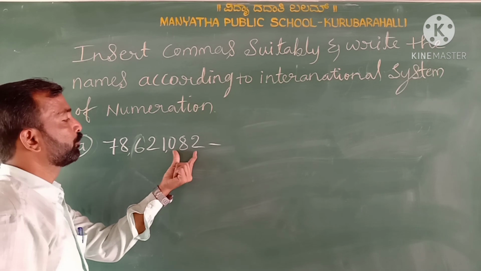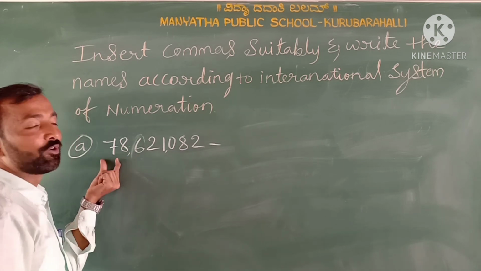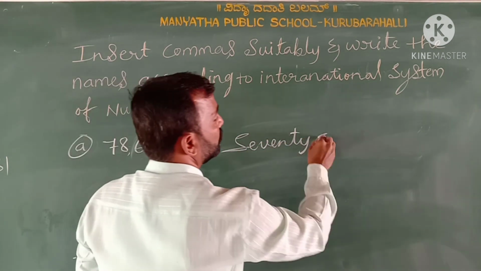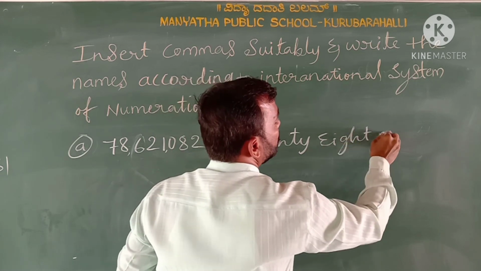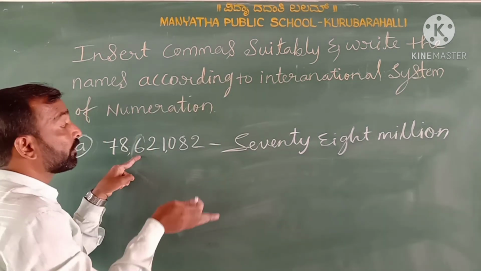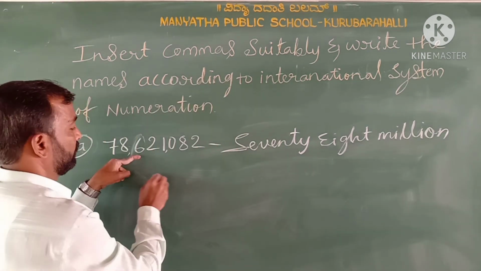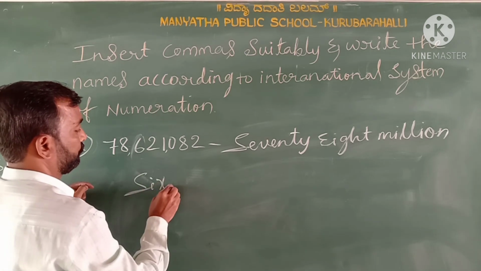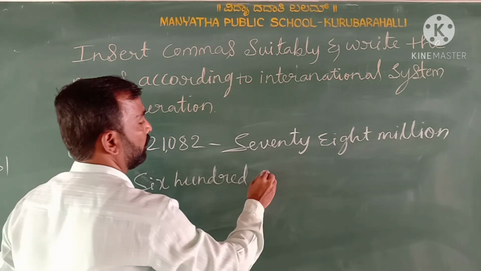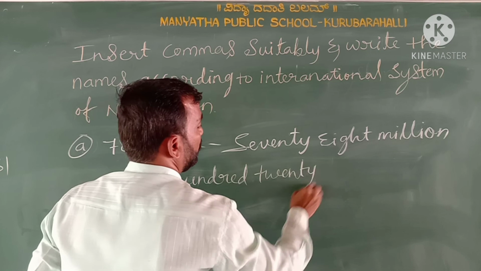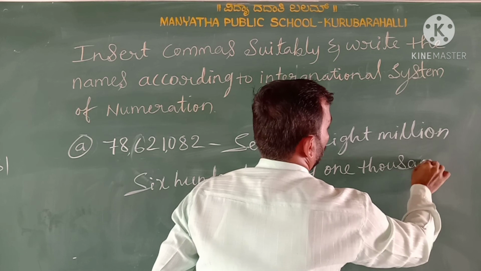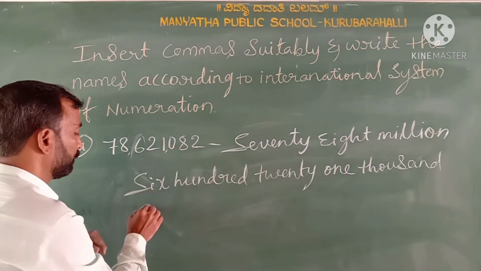Once again, units group, thousands group, million group. Here 78 million 621,000 82.